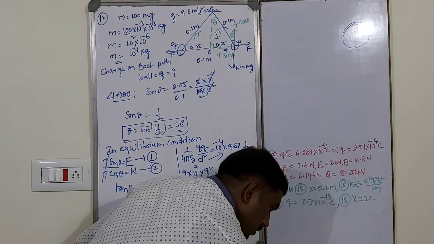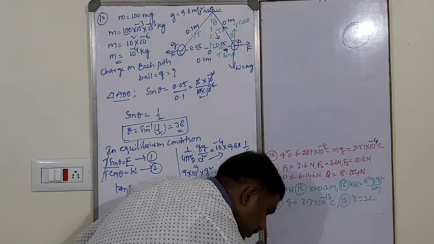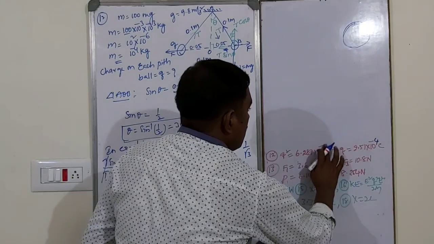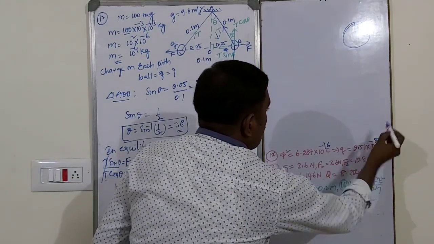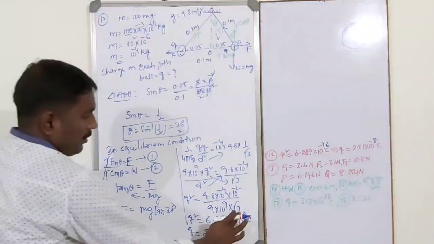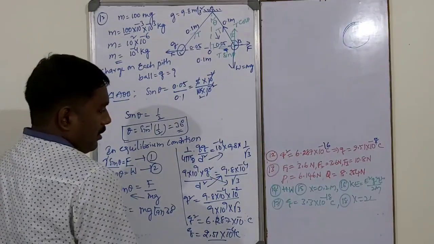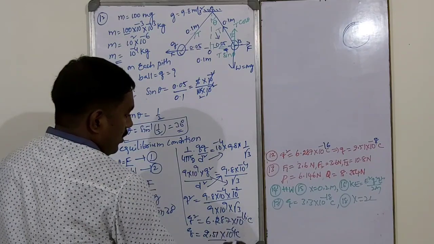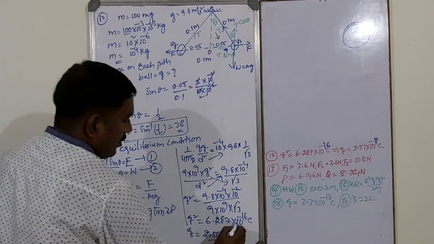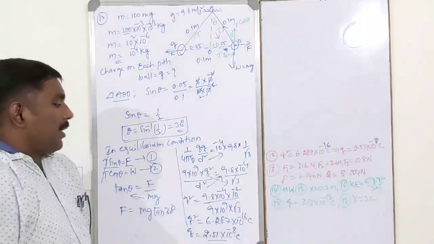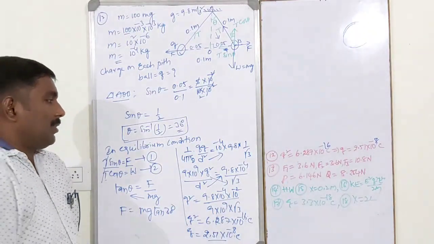What is the value of the answer? That is correct. This is 16. Sorry, this is 10 power minus 8. So this is the 16 value, students. This is the minus 16. So the square root of 10 power minus 16 is nothing but 10 power minus 8.